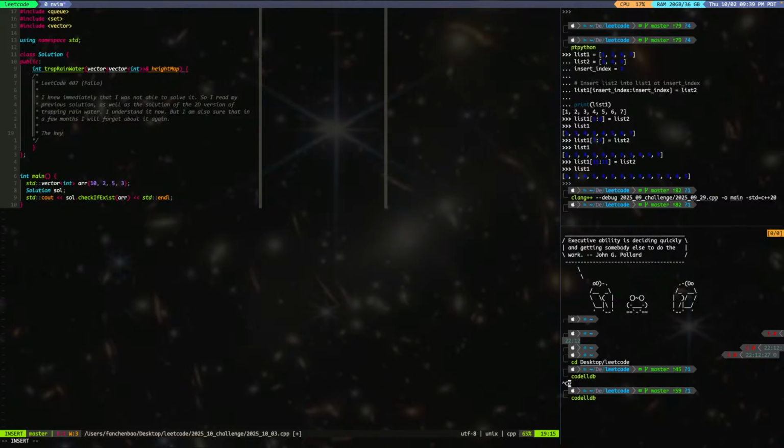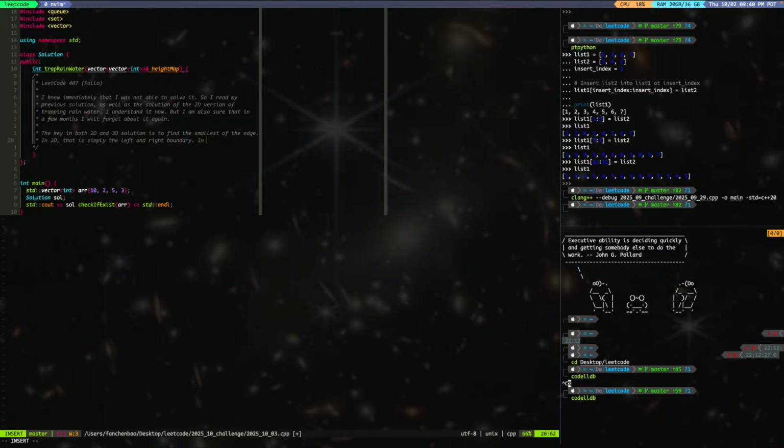The key in both 2D and 3D solutions is to find the smallest of the edge. In 2D, that is simply the left and right boundary.